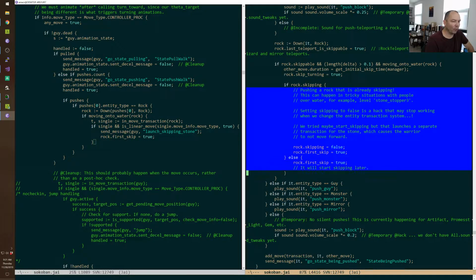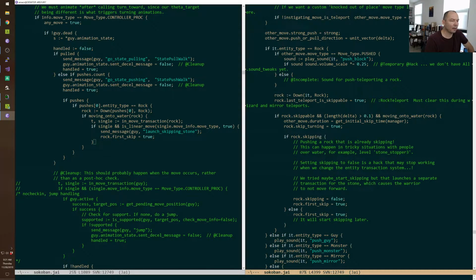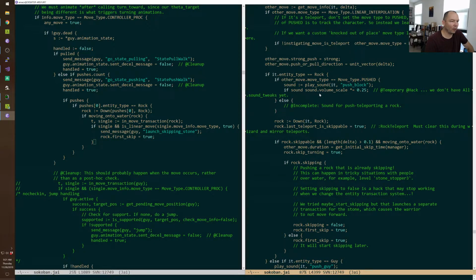This whole first skip thing, I don't think we do any of this. I think I want to try just exempting it from this transaction.